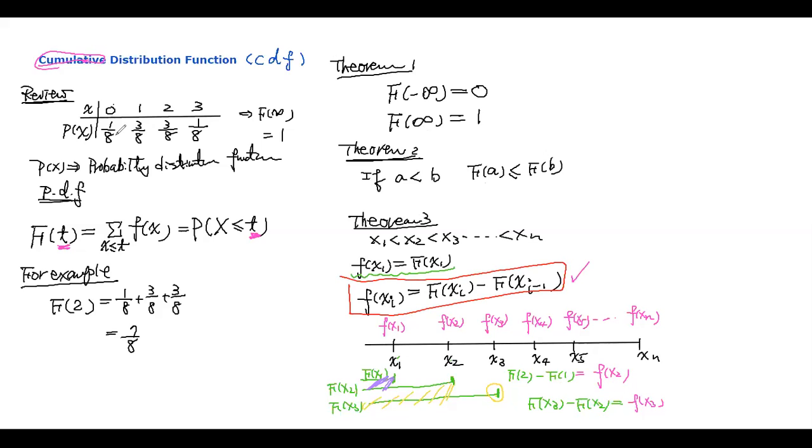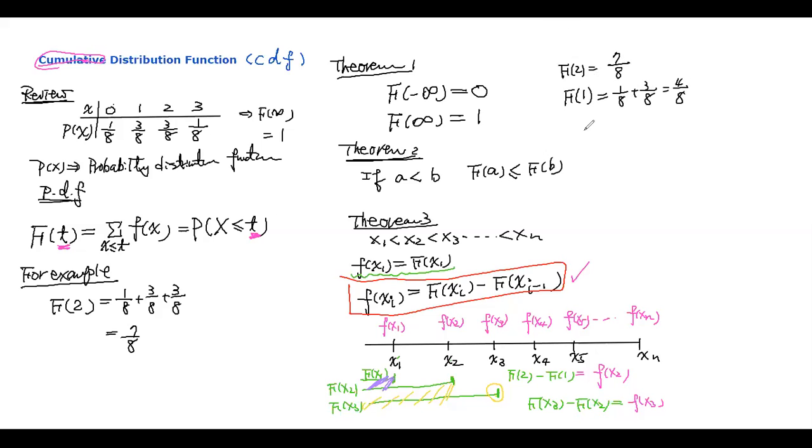Now like for these examples here, let's go backward and work on that. We say F of 2, as we calculated here, is 7/8, right? Okay, so now I want F of 1. F of 1 is 1/8 plus 3/8, so it's 4/8.